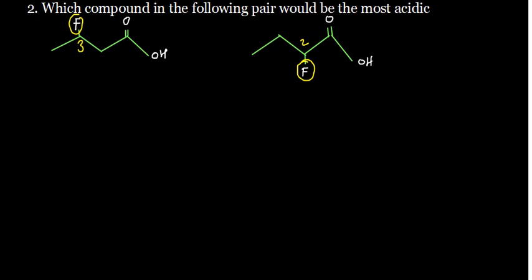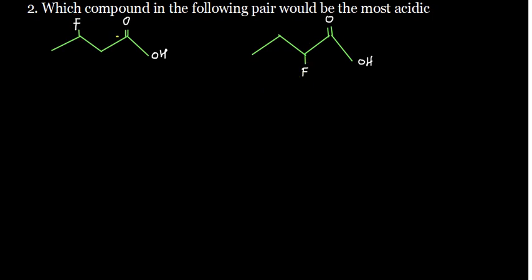The answer still lies in the dispersion of the charge, or the inductive effect. The closer an atom or a halogen is to the functional group, the more it can disperse the charge. So you expect this one to be a much stronger acid. Why? Because the fluorine is much closer to the functional group.